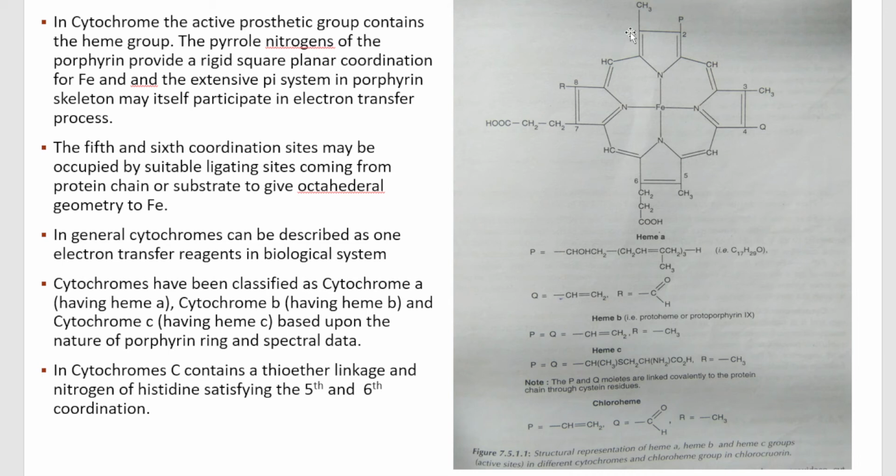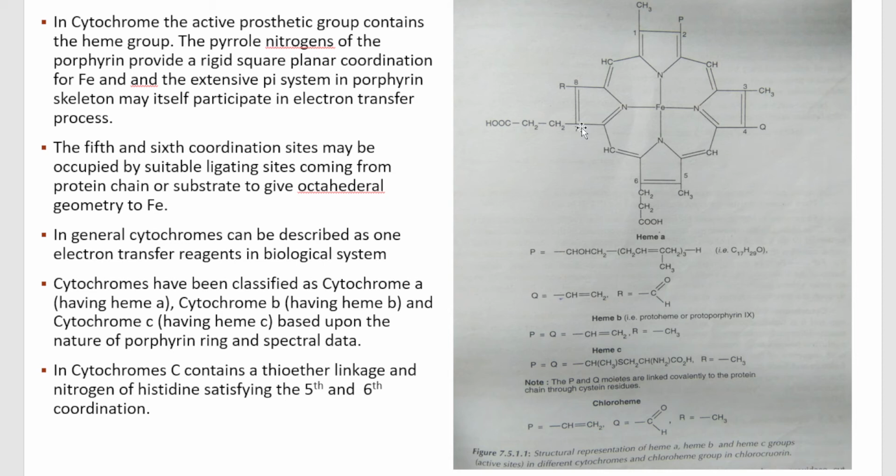What else can you see? Since you can see here there are alternate double and single bonds, you can say that there is conjugation here. That is, there is an extensive pi system. Like in benzene, we already know that benzene is a highly conjugated system and it can have different resonance structures. Why?